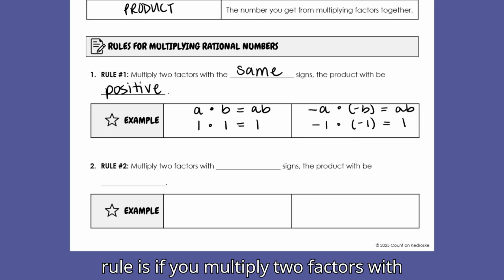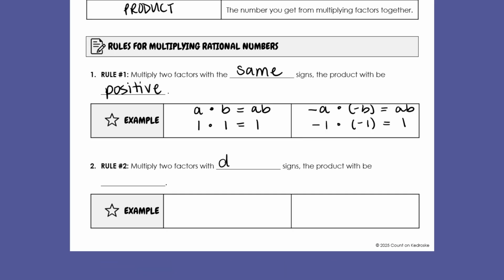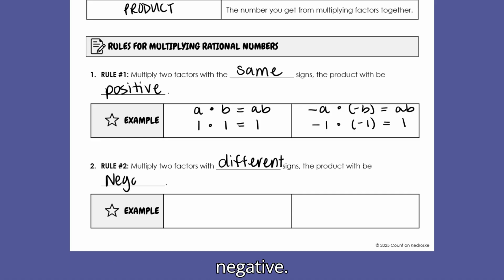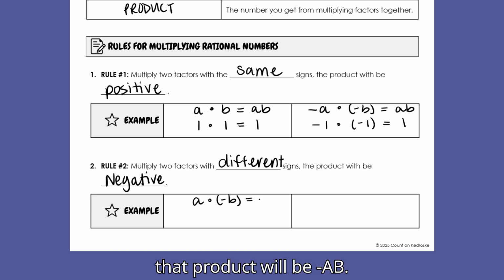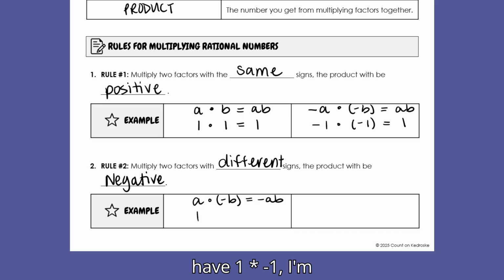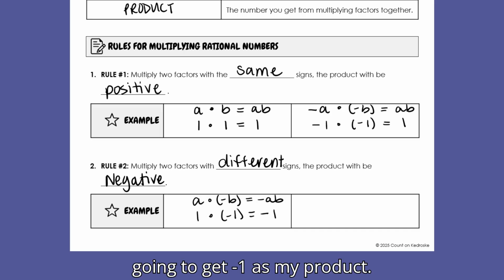The second rule is if you multiply two factors with different signs, the product will be negative. For example, if I have A times negative B, that product will be negative AB. In terms of ones, if I have 1 times negative 1, I'm going to get negative 1 as my product.